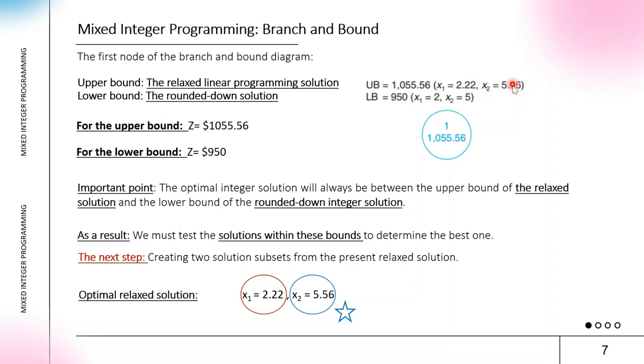We ignore the fractional part and solve the problem for these values, for x1 2 and x2 5. And the objective function value in this case is 950, and it's the lower bound.